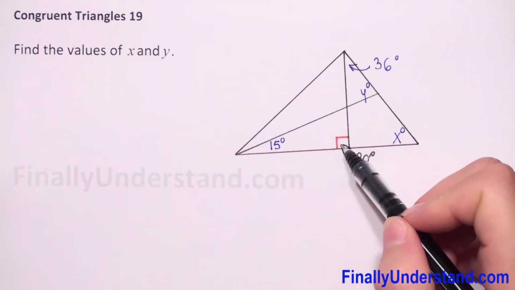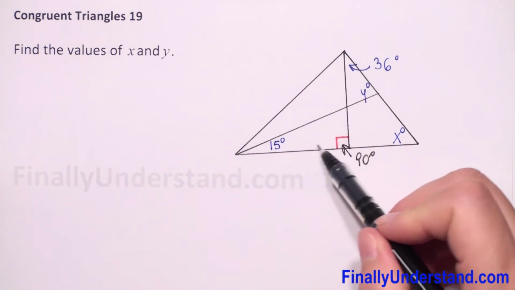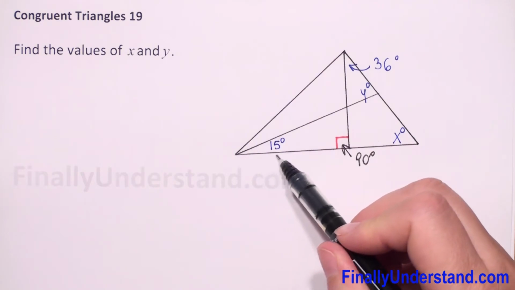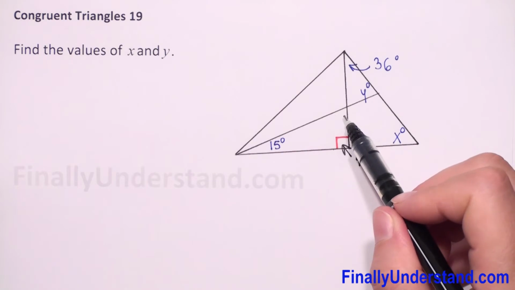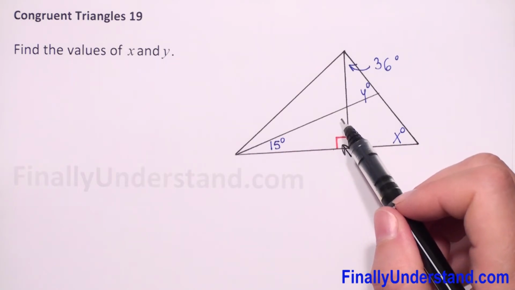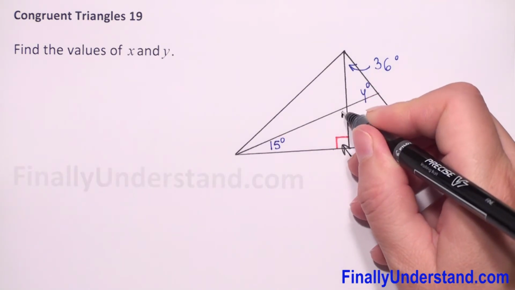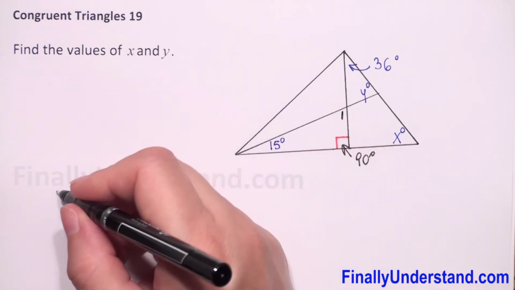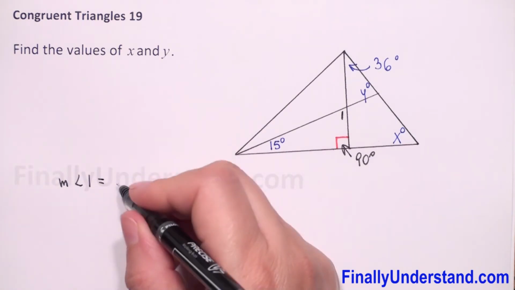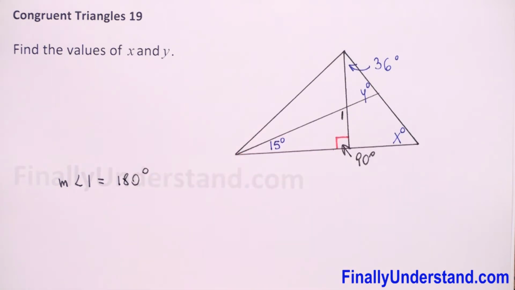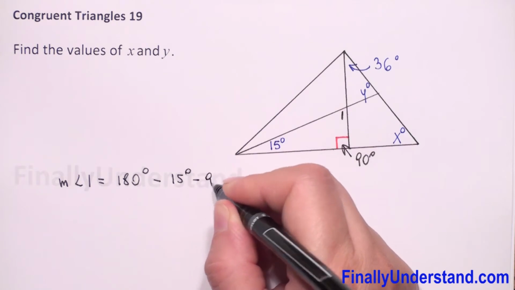If we have these two angles, we can find this angle because we have a triangle here, and we know that the measures of interior angles in a triangle is 180 degrees. So let's say that this is angle 1. The measure of angle 1 is 180 degrees minus 50 degrees minus 90 degrees.